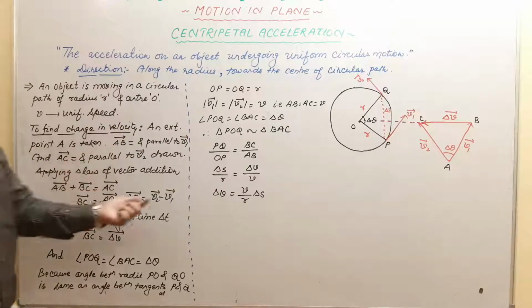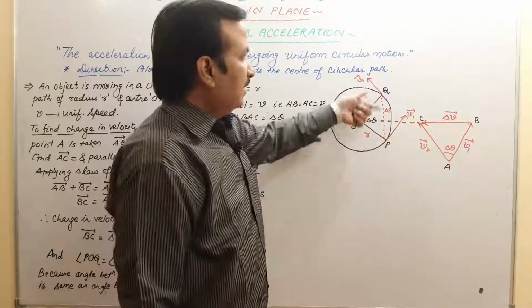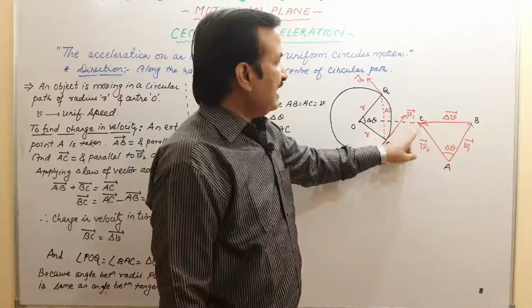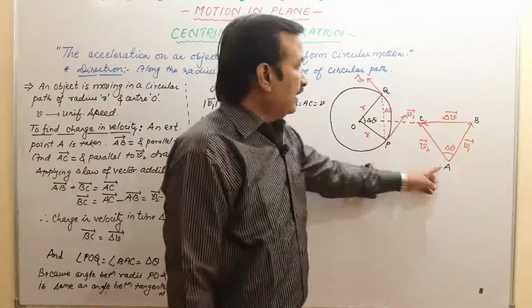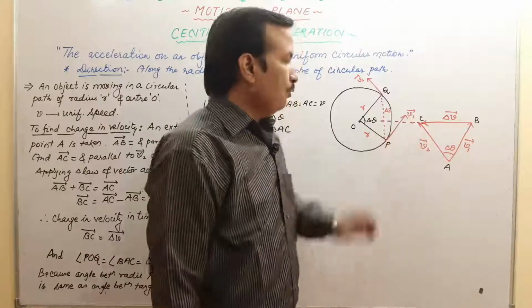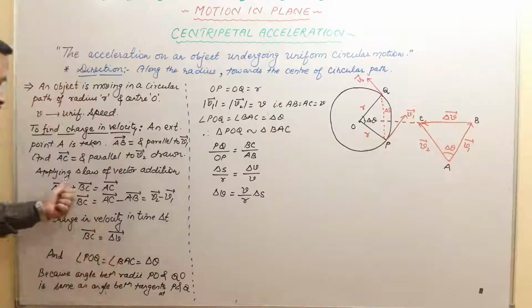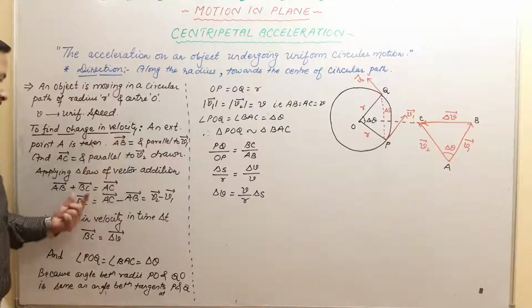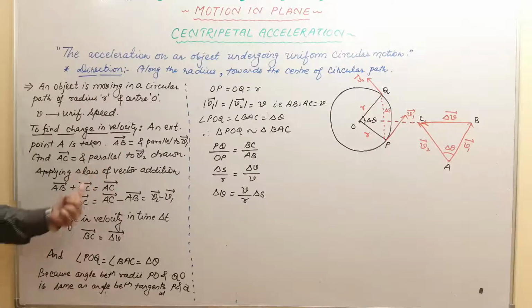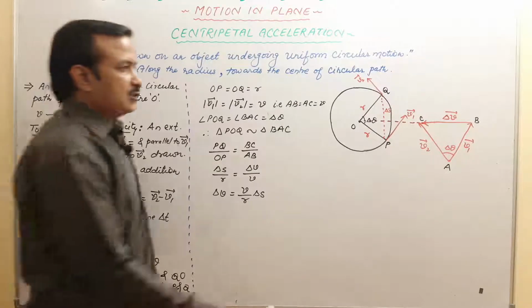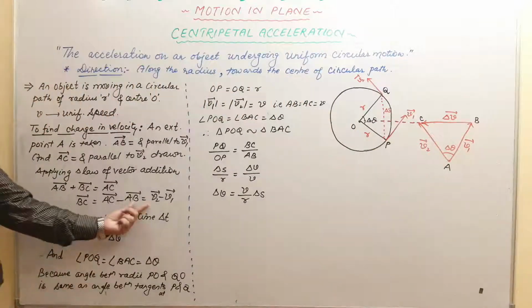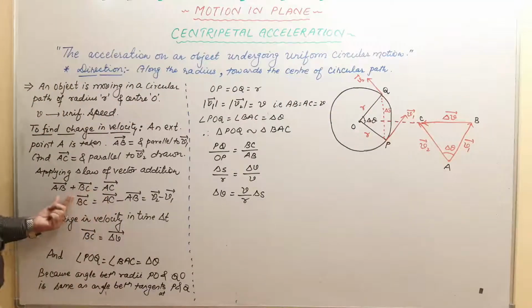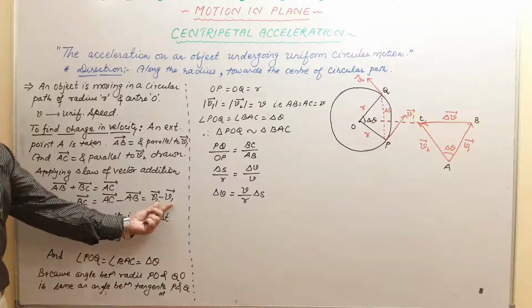We have taken external point A and AC parallel and equal to v2, AB parallel and equal to v1. To find the change in velocity, we take the triangle law of vector addition: AB plus BC will give you AC. Substitute that, BC will be equal to AC minus AB, it is v2 minus v1.